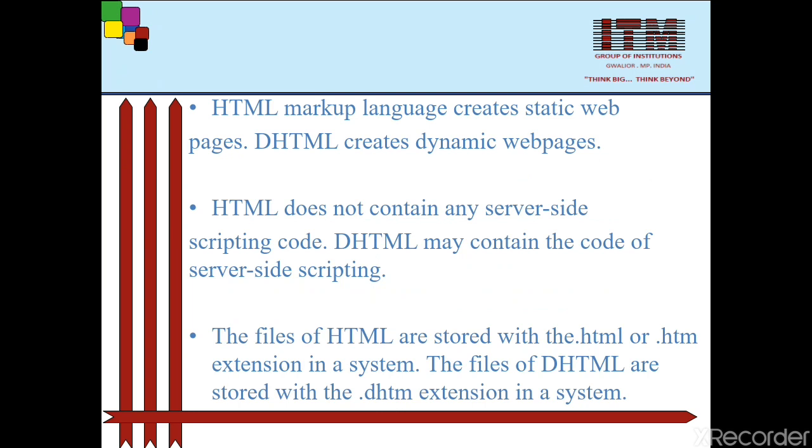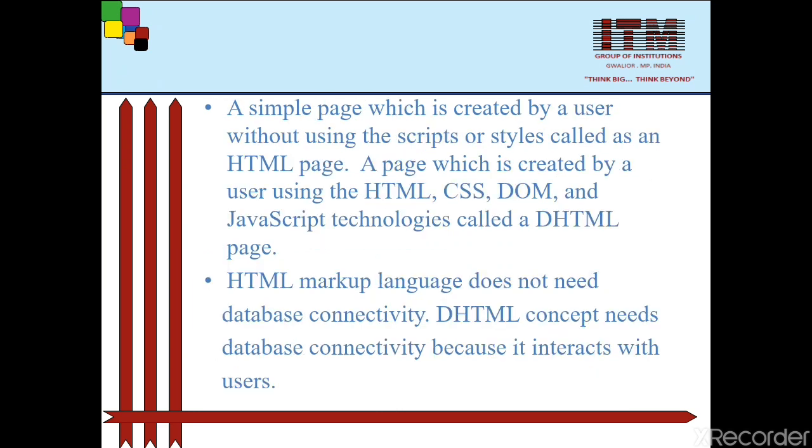And the files of HTML are stored with the extension .html or .htm in a system. But when we save the file of DHTML, it is stored with the extension .dhtm in a system.